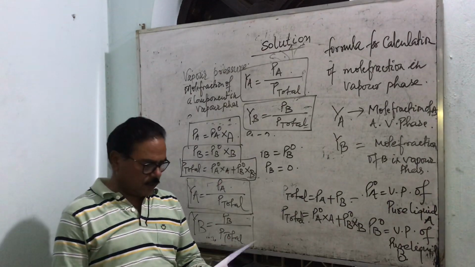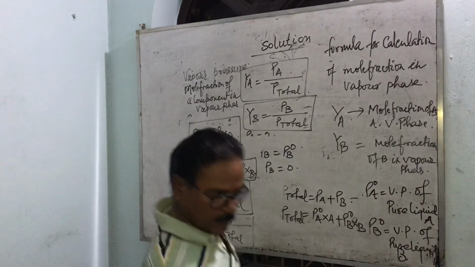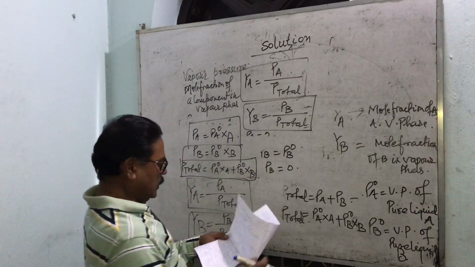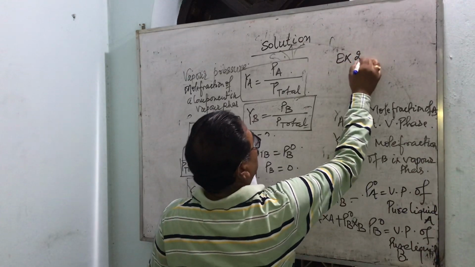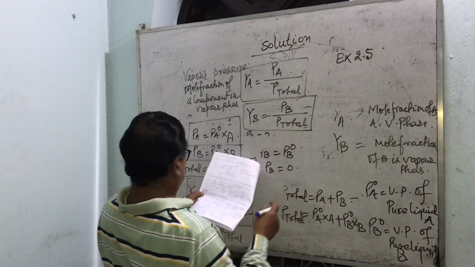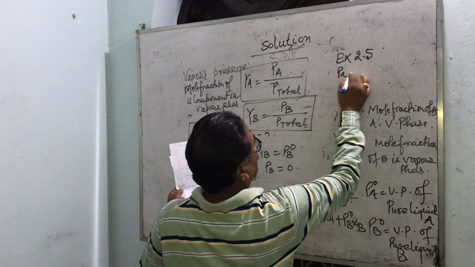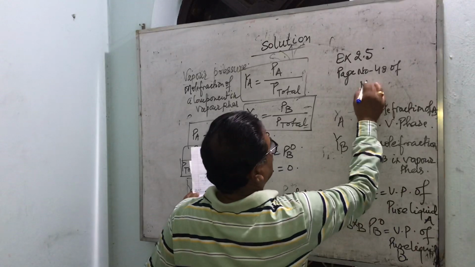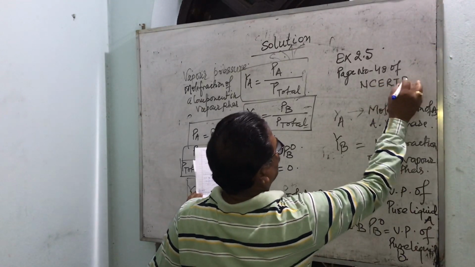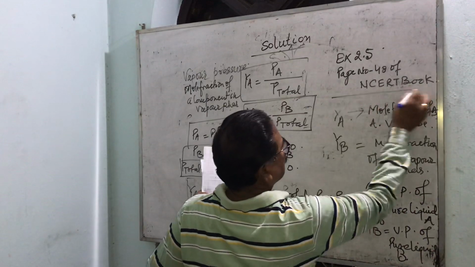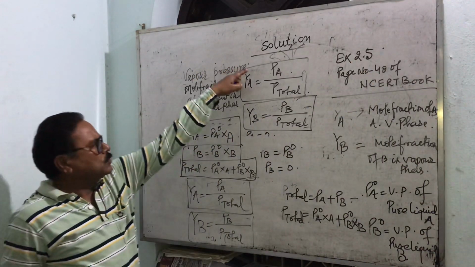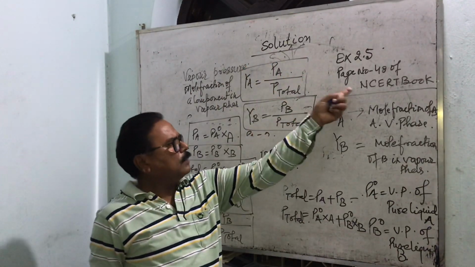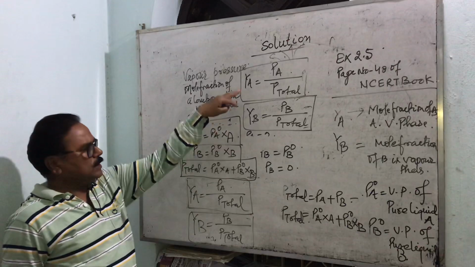I will only give you one example, because the time is going on. We write Example number 25, page number 48 of the NCERT book. This problem helps to solve questions on the basis of Raoult's law.